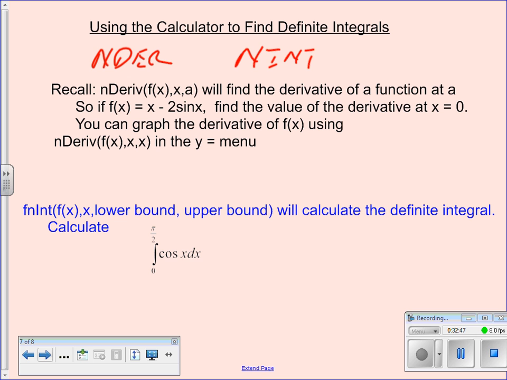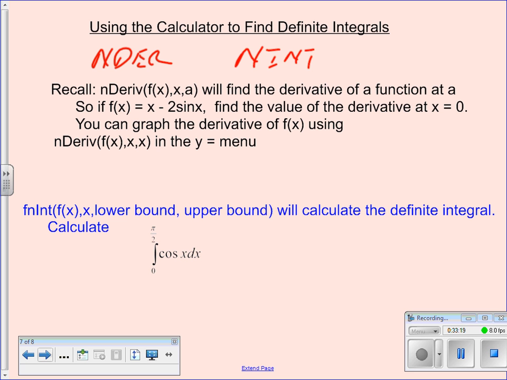First, you have to find on the menu, and it's usually under the calculus menu, numeric integral. And it'll be nInt, or it'll be the integral sign with an n on there. So it's usually fnInt or something like that, or nInt, depending upon which model you have.